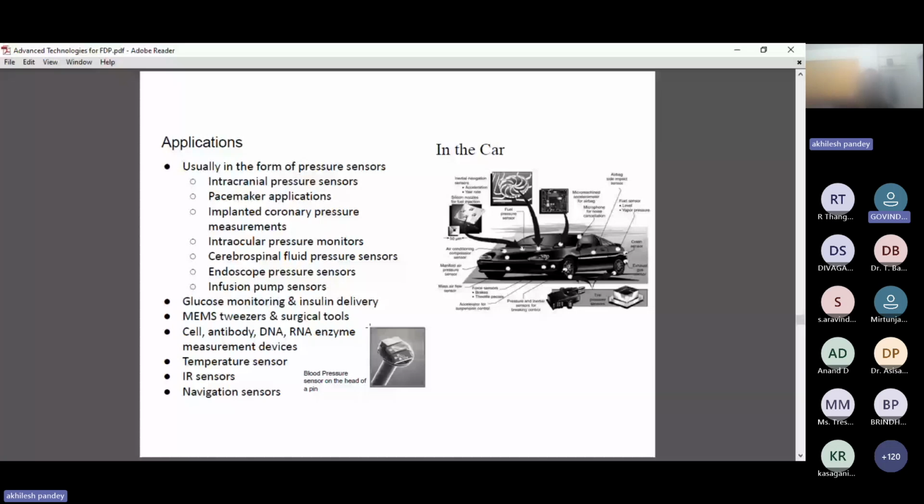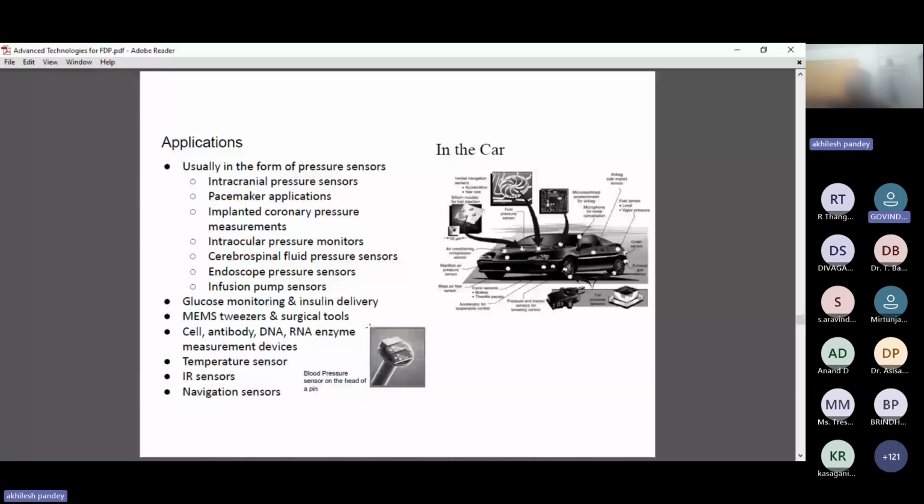Devices for cell, antibody, DNA, and RNA measurements, temperature sensors, IR sensors, and navigation sensors are also used. In cars, MEMS-based sensors are being used, including gyroscope sensors, navigation sensors, and various other sensors. I am not going into much detail on these sensors.